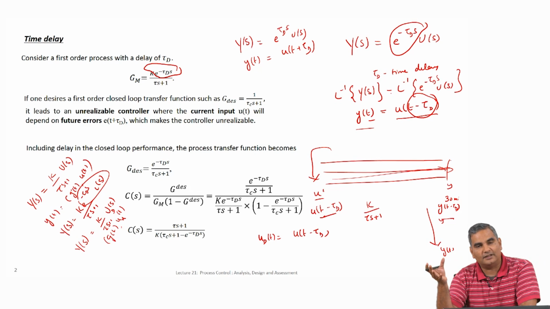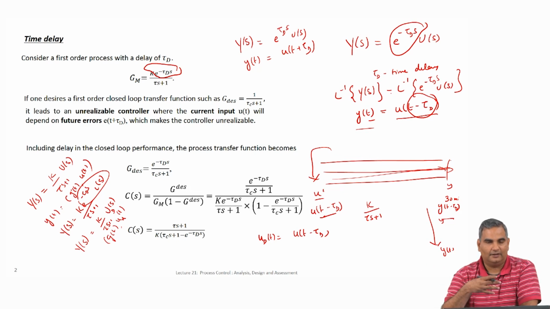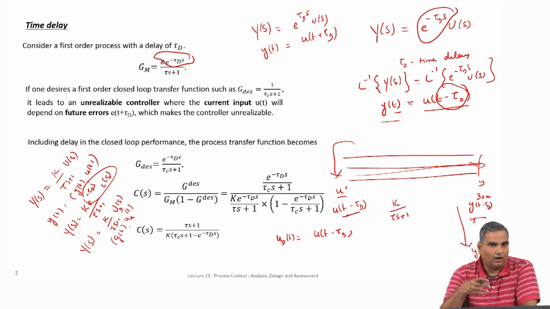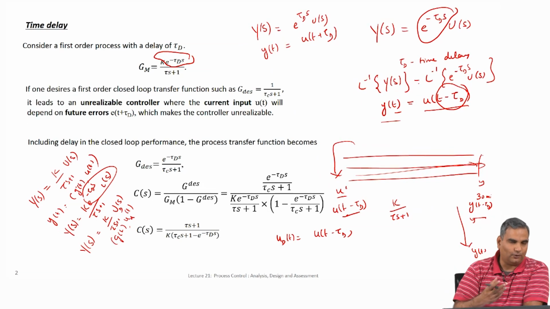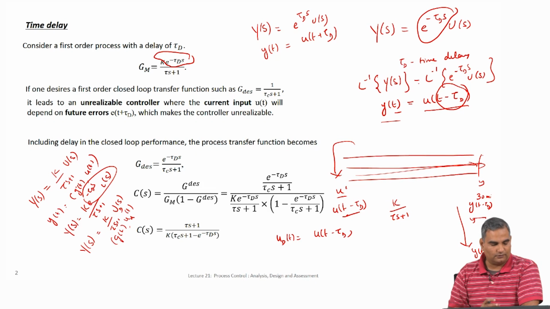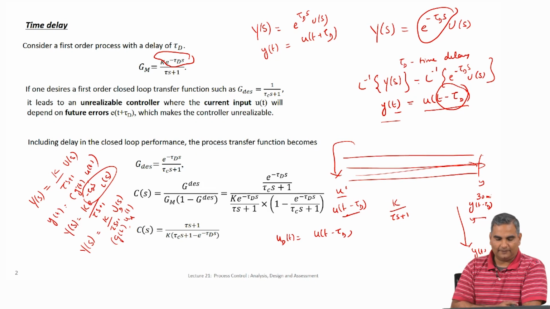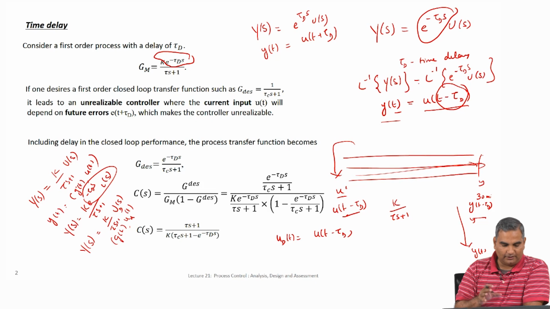So, whatever changes I made a while back will affect the output passing through a first order transfer function. In the previous case, without time delay, whatever change I make currently will immediately affect y through a first order process. That is an important thing to understand.